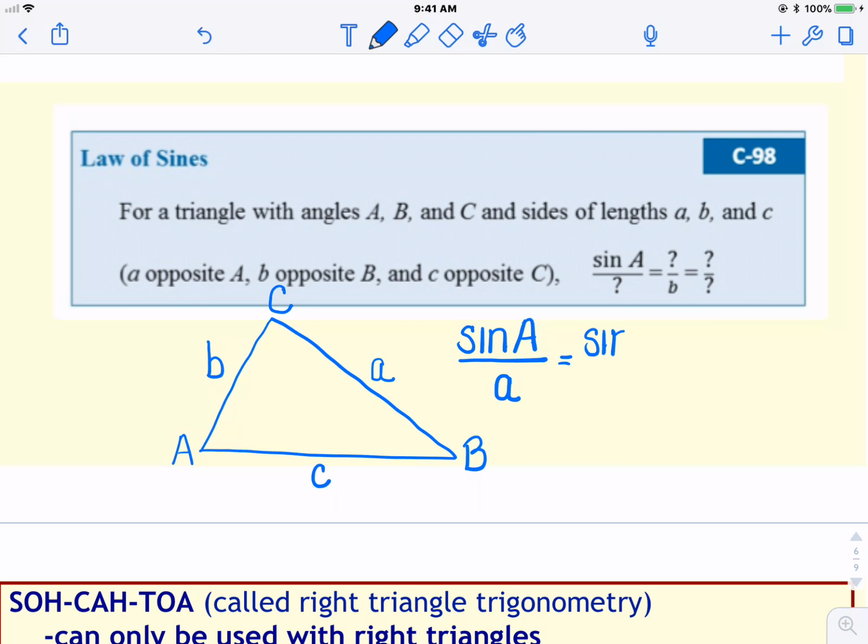And we could do that from any of its three angles. So it's called law of sines, because it only works with sine ratios, because those would be used to calculate the heights or altitudes from each of those angles. And this works for any triangle.